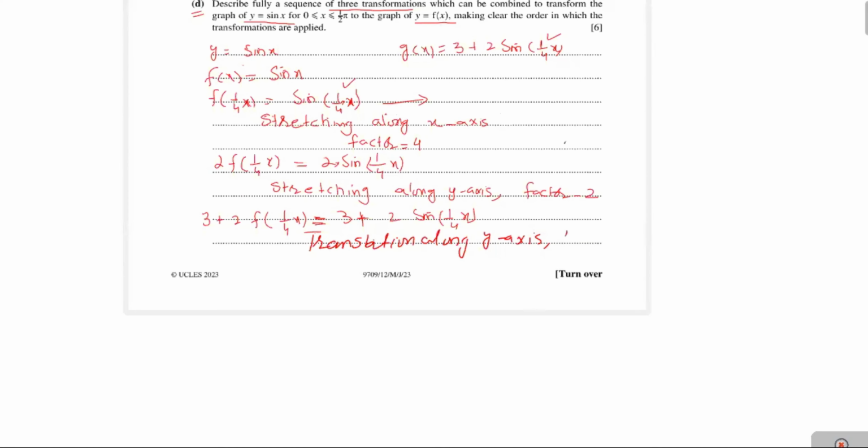Now we can write it as the vector (0, 3). It means the function is translated 3 units upward, and these are the 3 transformations from which function f of x transforms into g of x. This is the answer.